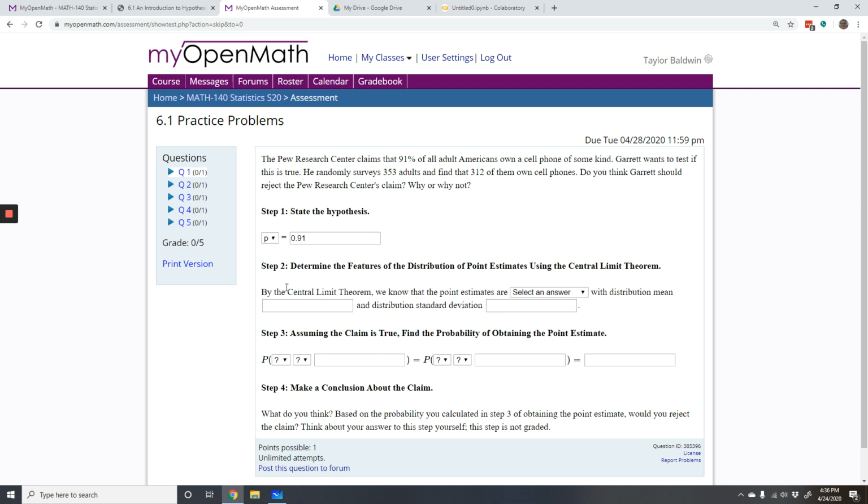So by the central limit theorem, we know the point estimates are either normally distributed or t-distributed. Well, since we're testing the population proportion, we're going to use a sample proportion to test our claim. And we know that sample proportions are normally distributed, right? Sample proportions are always normally distributed.